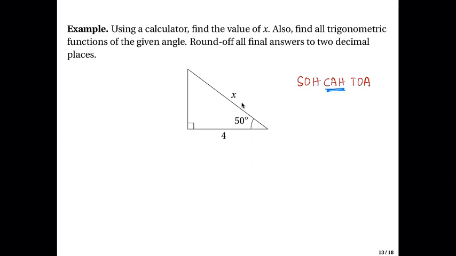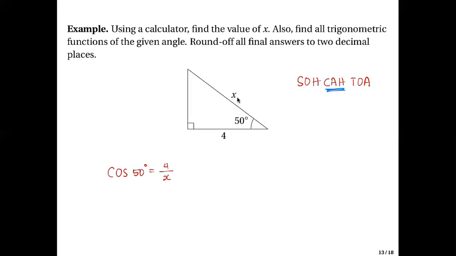Therefore, we have cosine of the given angle. What is the cosine of the given angle? Cosine 50 degrees is equal to adjacent, which is 4, and then the hypotenuse, which is x.